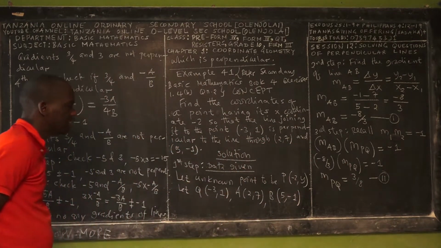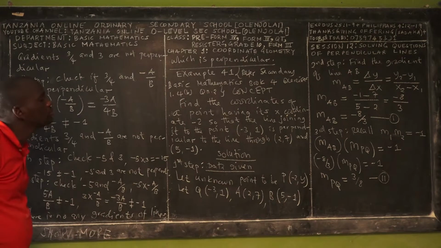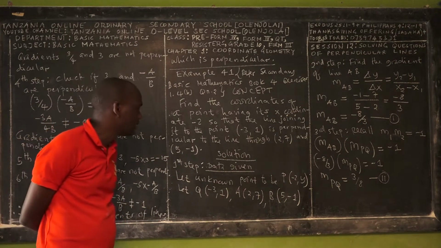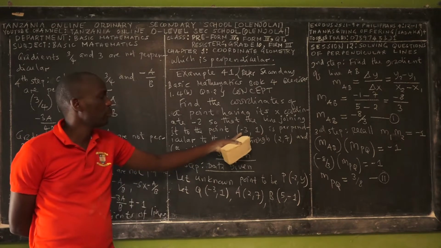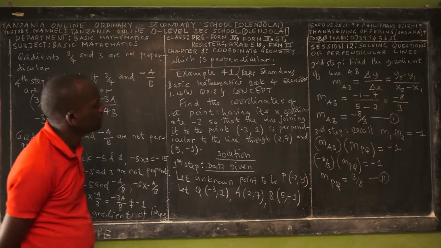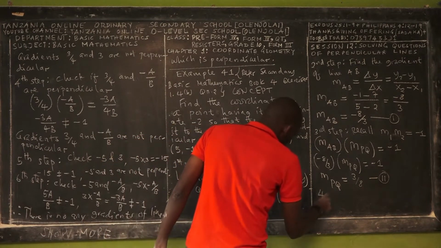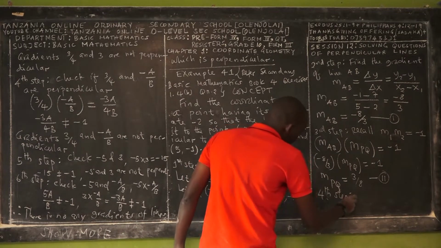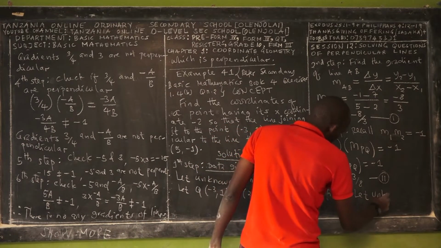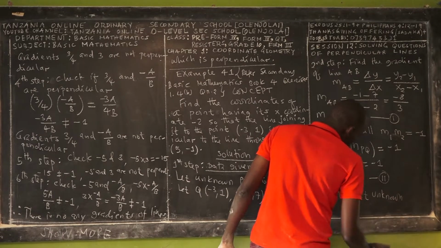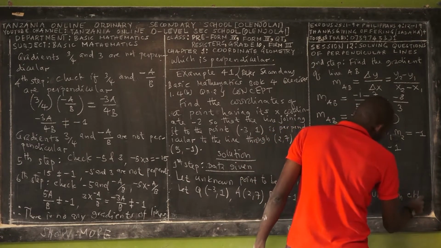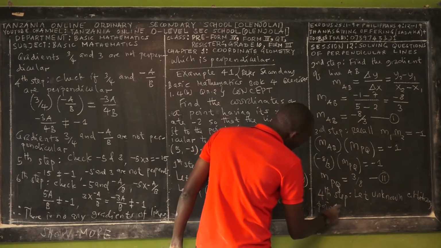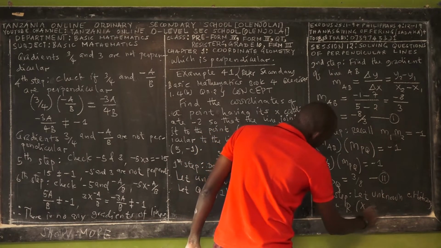So we know now the gradient of the line, and we know one point. Because the unknown line passes through the known point -3, 1. So for the first step, let an arbitrary point R be x, y.